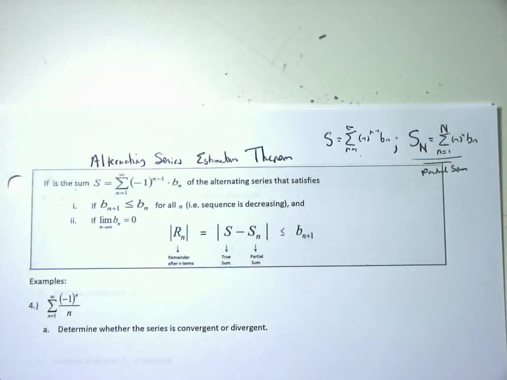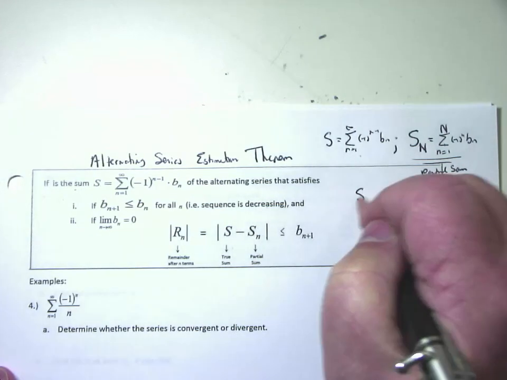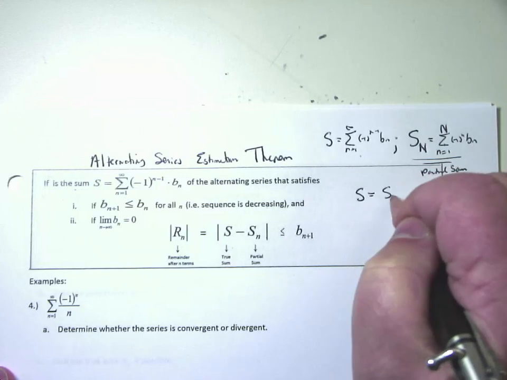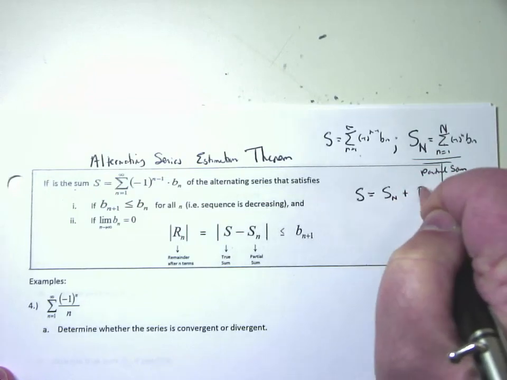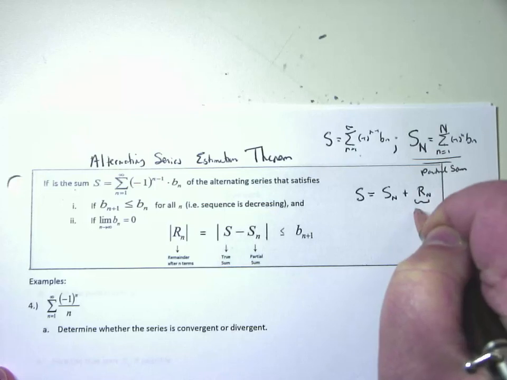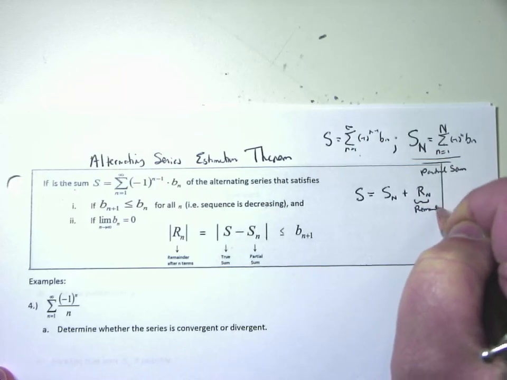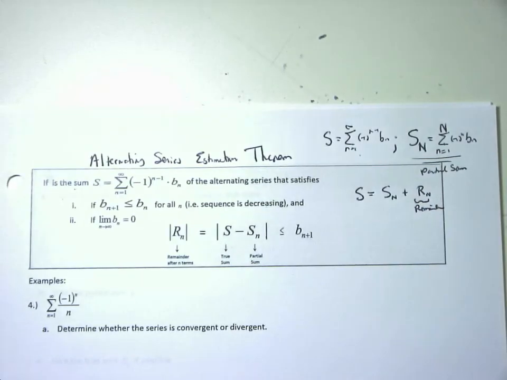So the true sum is equal to this partial sum plus R_n. This is going to be the remainder. What is left over after you decide, okay, instead of adding up the first 100 million of these things, as this game goes to infinity, I'm going to give up after adding up 50 of them.